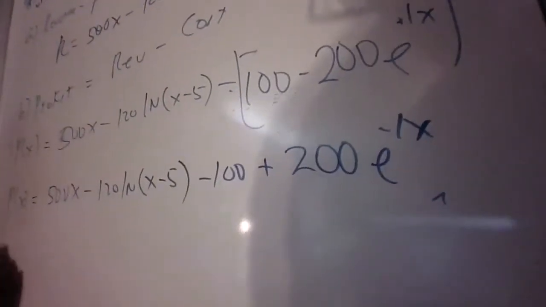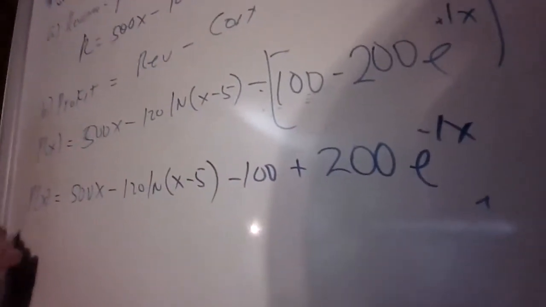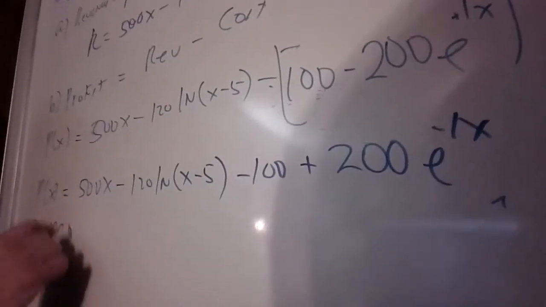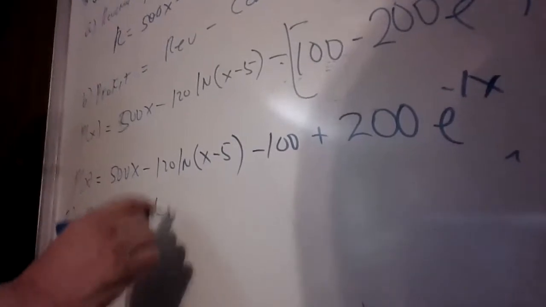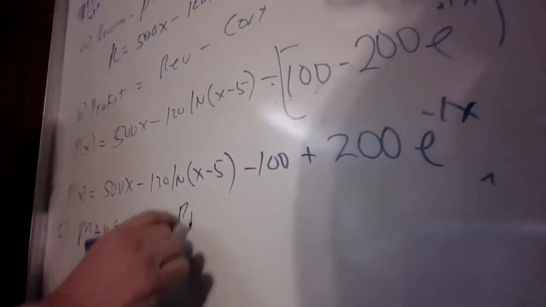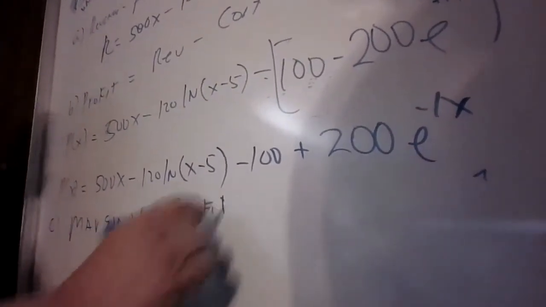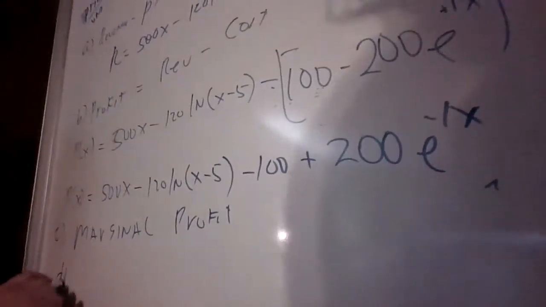It wants the marginal profit. So C, it wants me to find the marginal profit, which is the first derivative. So let's take the profit derivative.